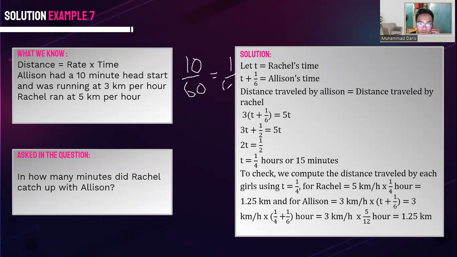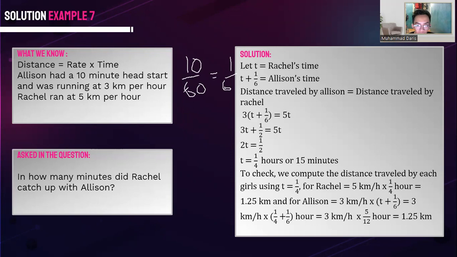It means 1/6 hour. The distance traveled by Ellison is equal to the distance traveled by Rachel. We can make an equation for this. We substitute the T into the formula, because distance is rate times time.